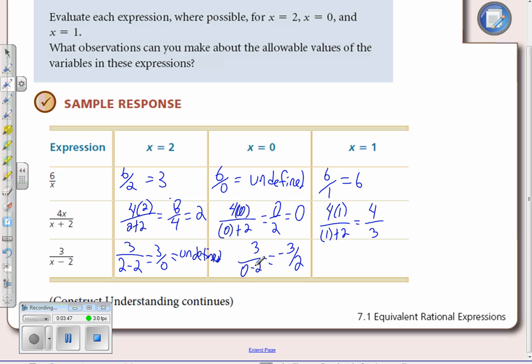Again, it's okay to put 0 into this one. The problem came when we put 2 into that one. If I plug in a 1, I get 3 over 1 minus 2, which gives us 3 over negative 1, so negative 3. No problem there.